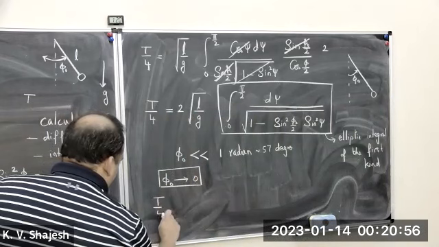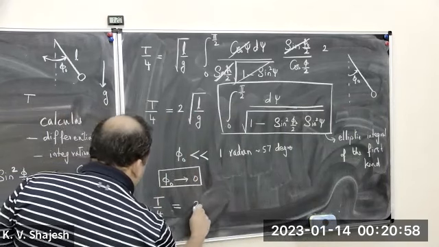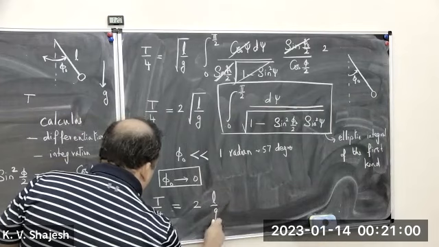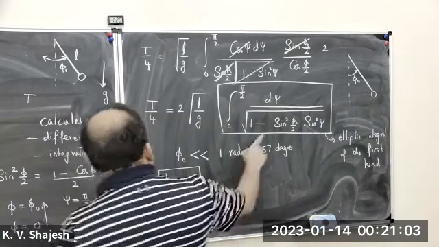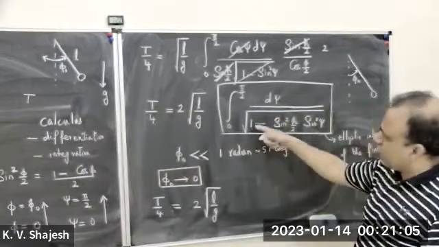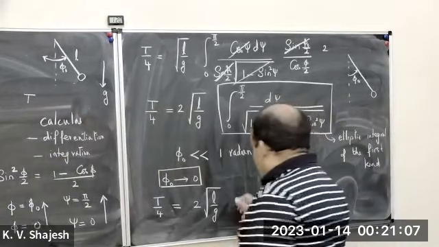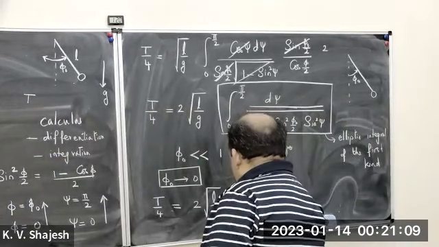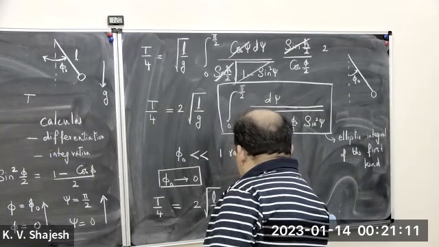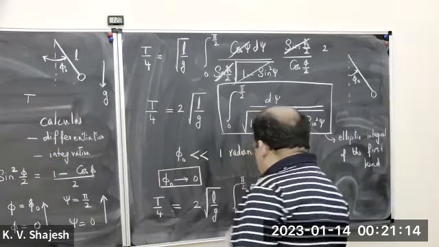Then I have a 1/4 of the time period is 2 times the square root of L over G. The denominator is basically just 1. And I have the integral from 0 to pi by 2 of d phi. That's it.